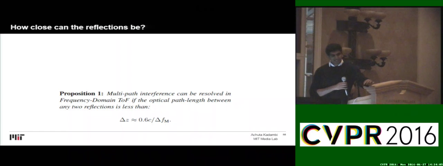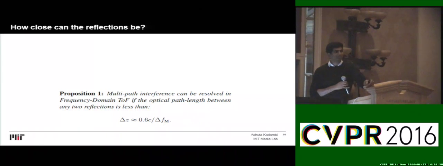One of the great things about drawing from optics is that they do a lot of good work analyzing the limits of their system, just like we do in our community as well. So here we can provide bounds on how close the reflections can be to separate them out. For example, we can say that multipath interference can be resolved if the path length difference is less than 0.6 roughly times the speed of light divided by the frequency bandwidth.